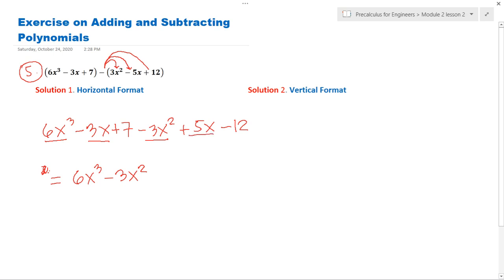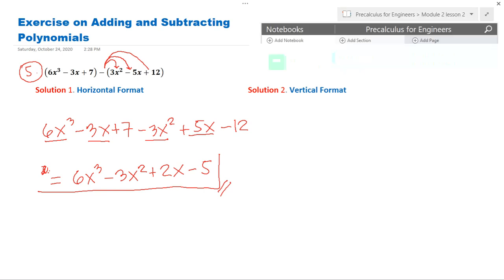Combine these: negative 3 plus 5, we have positive 2x. Then 7 minus 12, so we have negative 5. So this would be our final answer. And I think this is the last example for adding and subtracting polynomials.